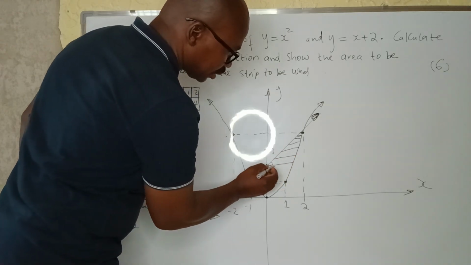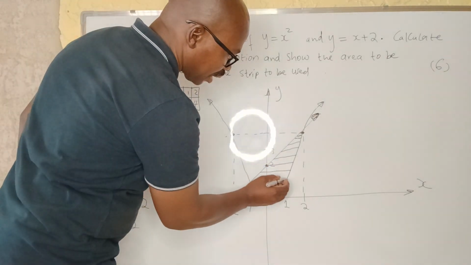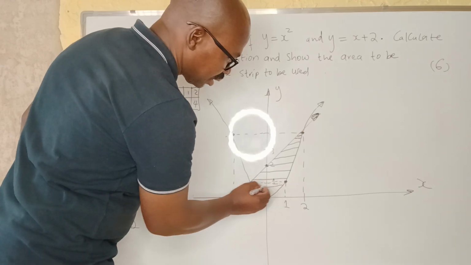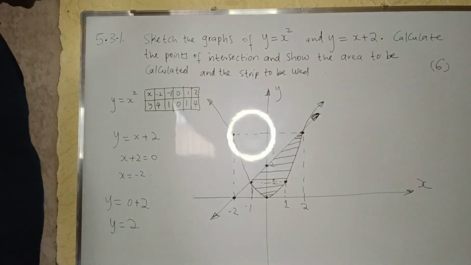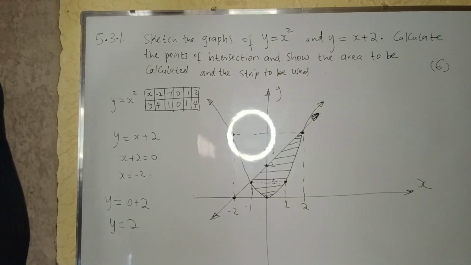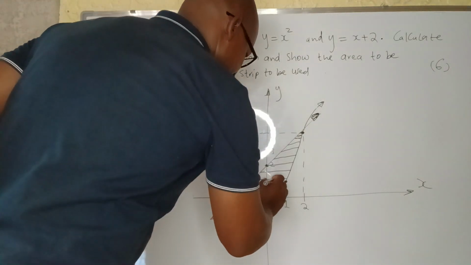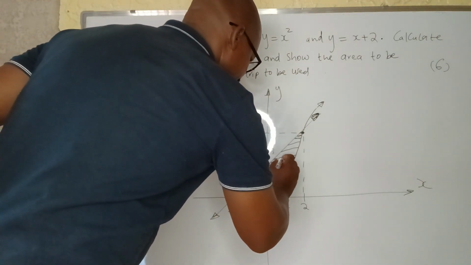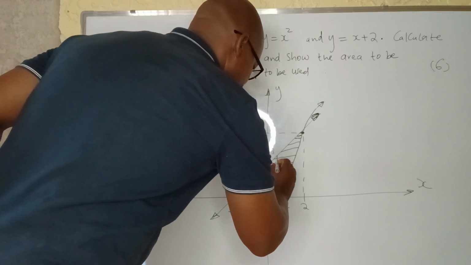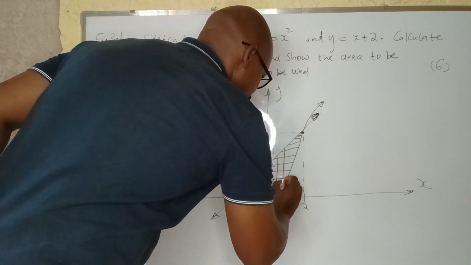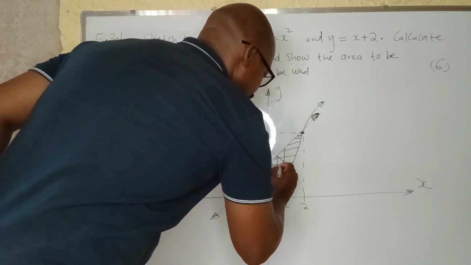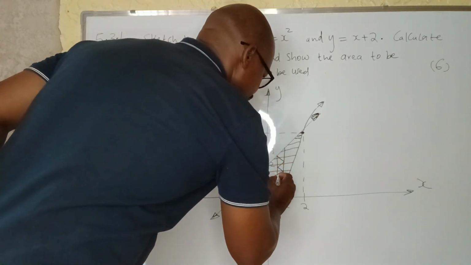The area that is enclosed by a parabola and a straight line. So inside this area, there is a strip. That strip, you can put it anywhere inside the graph. This is the strip that will be used to calculate the area.